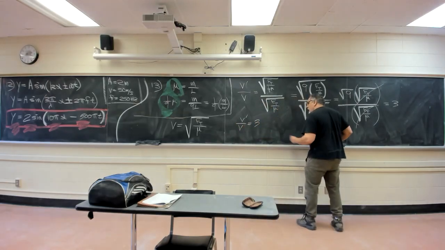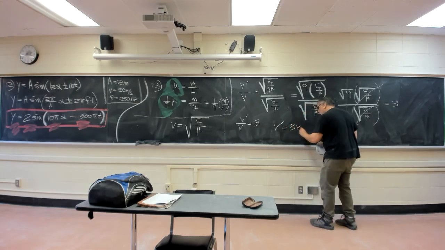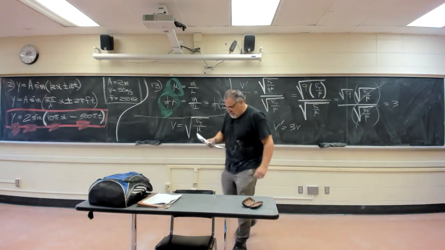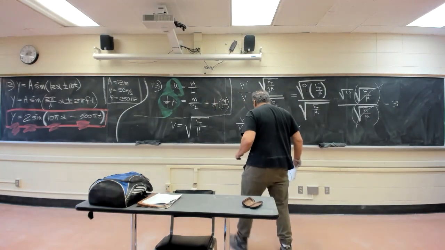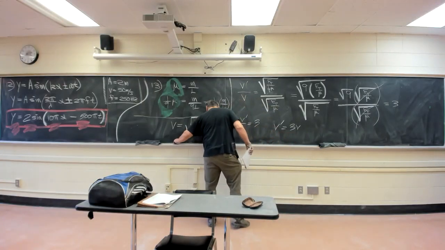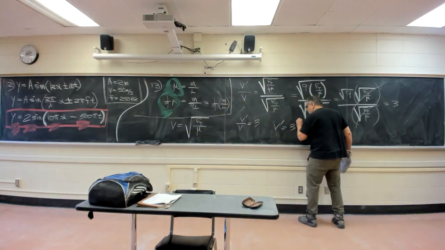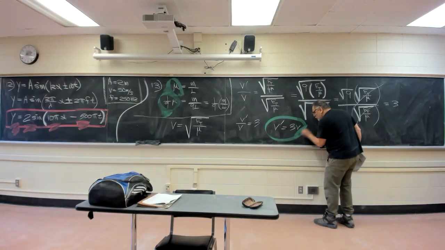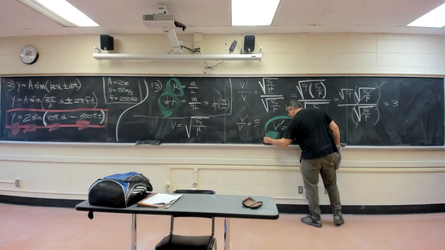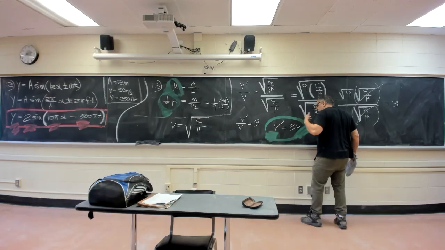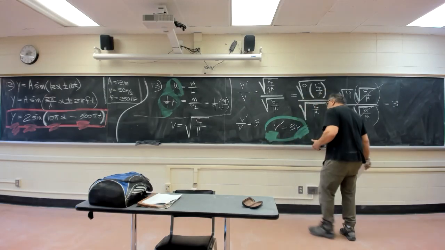If you multiply by v on each side, you get this. There's a number of ways to make the argument.